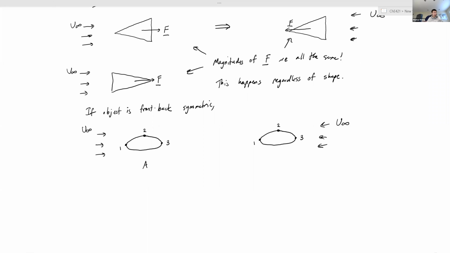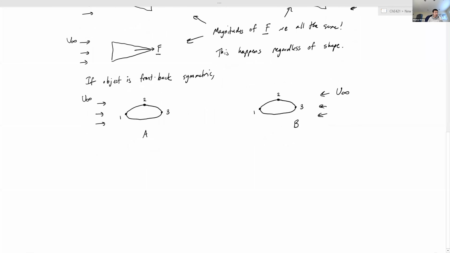Okay, we can call this over here scenario B. And so mathematically what I'm saying is that the velocity far away from an object in scenario B is just -1 times the same velocity in scenario A.